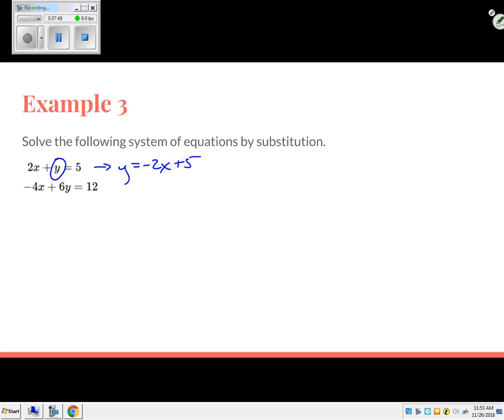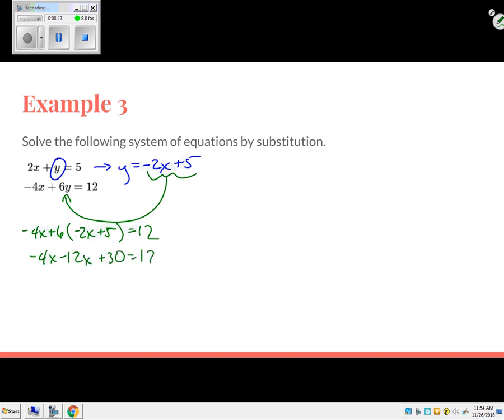So what I'm going to do now is take this negative 2x plus 5 and plug it into the variable that I solved for. So it's got to go into this y. And now I have something that looks like what we did the very first day in class, whenever I had to solve a linear equation. Now, it makes me a little bit nervous getting fractions on some of these answers.